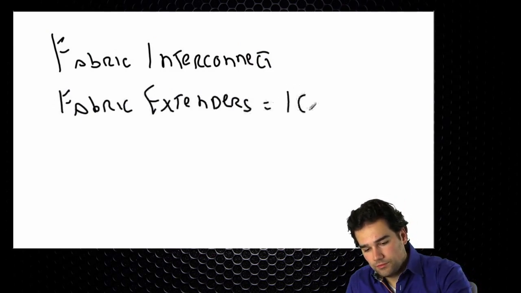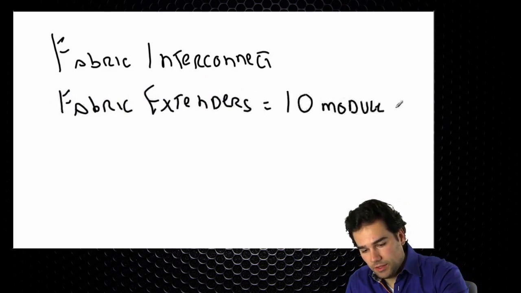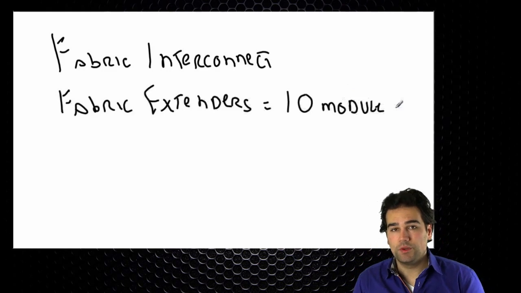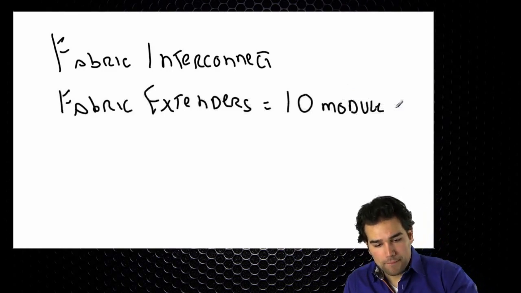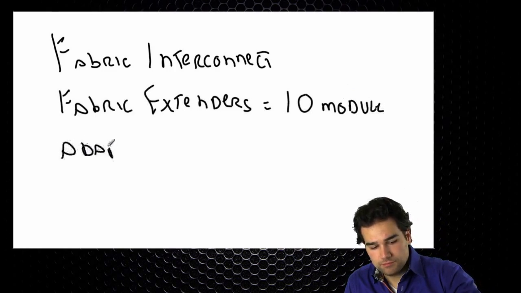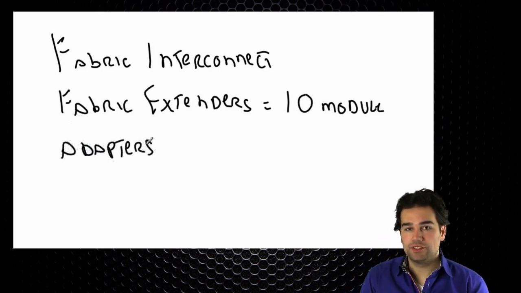So if you hear me talking about a FEX or a fabric extender or an I/O module, I mean the same thing. I usually talk about an I/O module or a FEX, depending on the situation. Then we have different adapters, so I/O adapters in the server itself.